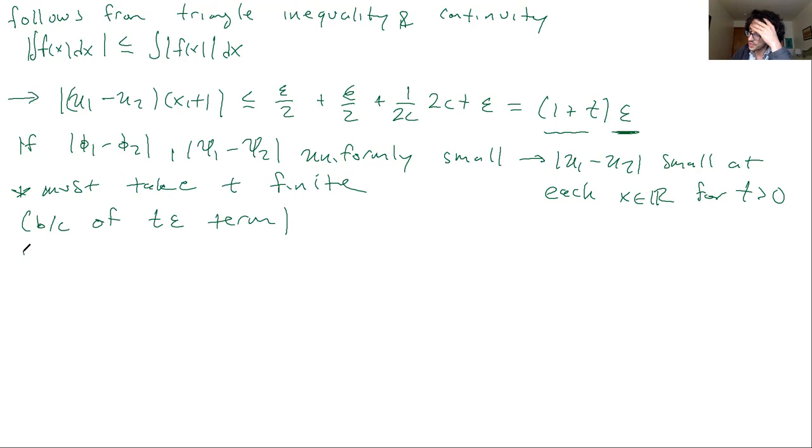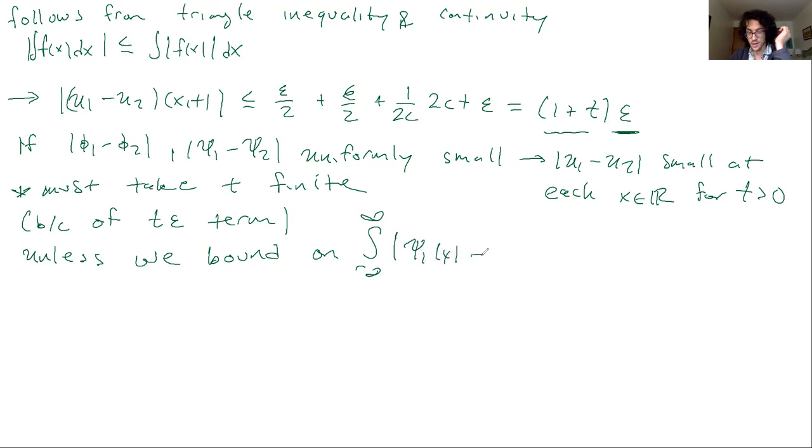And that's, of course, unless we can put a bound on this integral, the integral from minus infinity to infinity of psi1(y) minus psi2(y) dy being less than epsilon, okay?